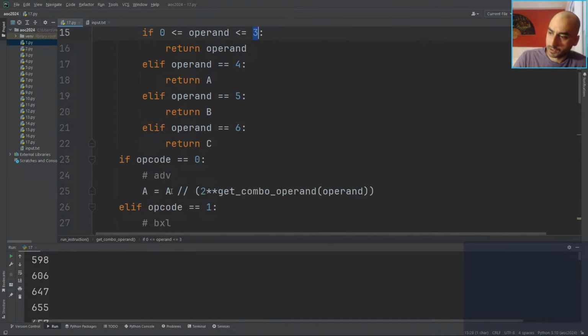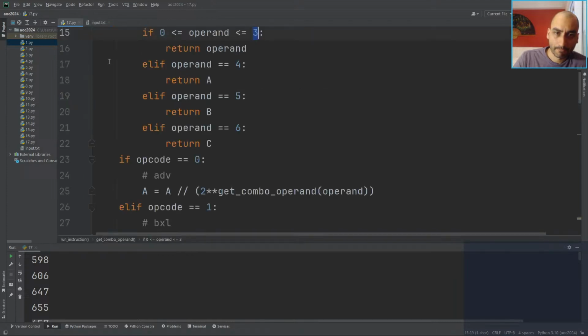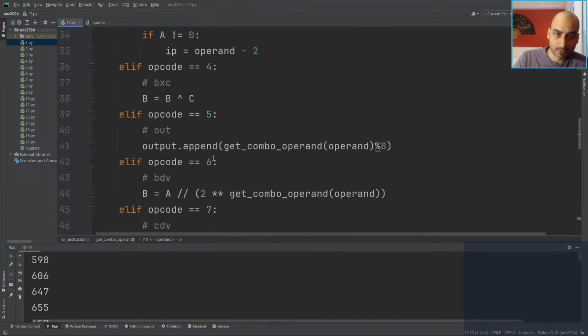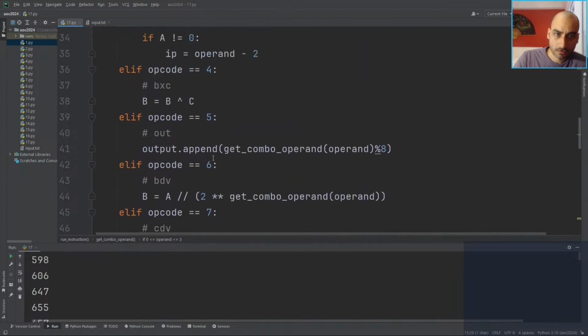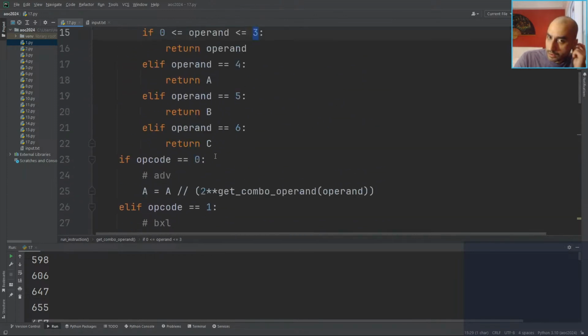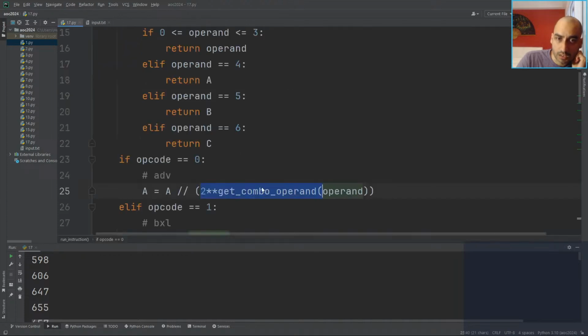Well, that's interesting. Hang on. So that's the only time A changes? Okay, that's important. So A divided by 2 to the 3, 8.